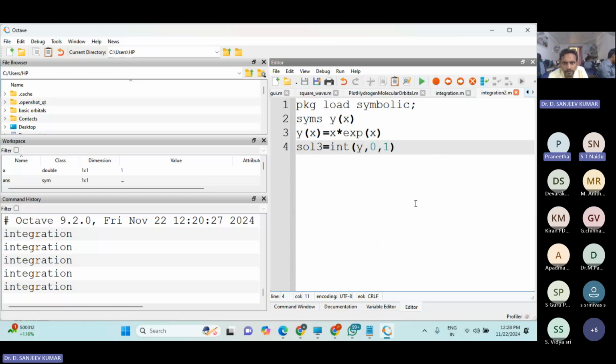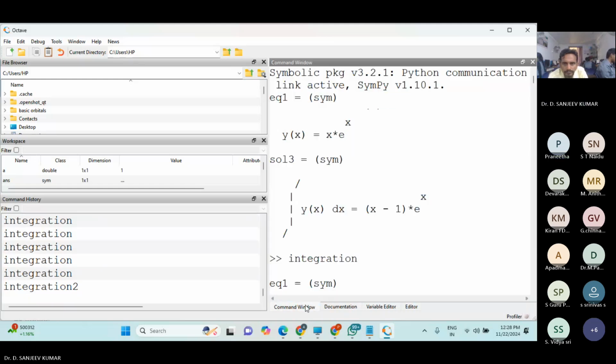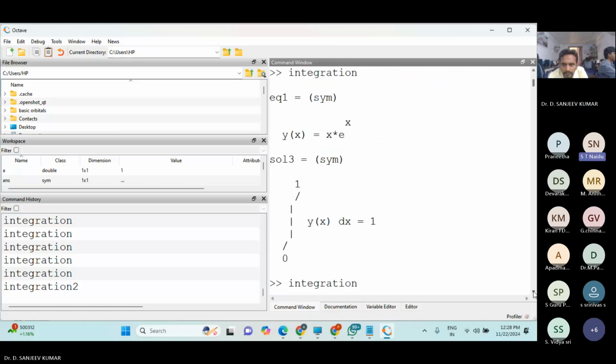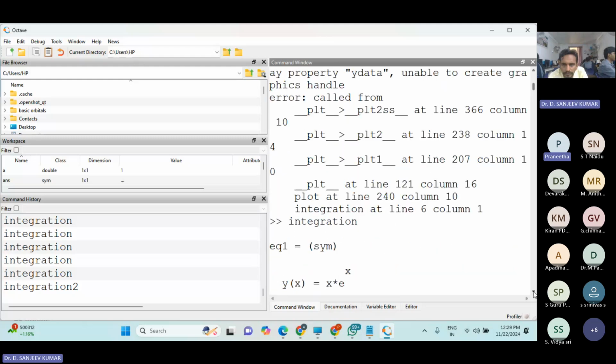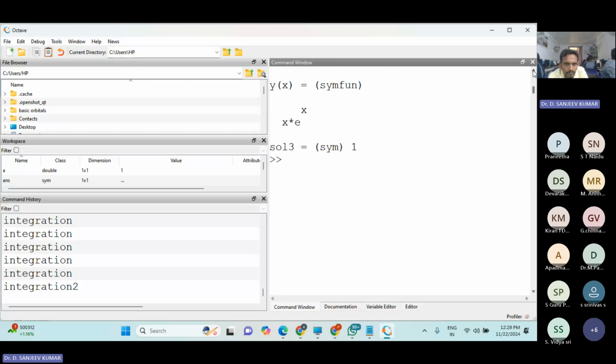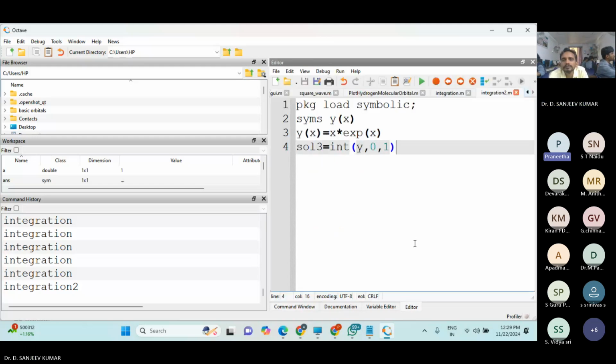Check whether that works or not. Integration 2 y x is syms function x e power x. So it is working.